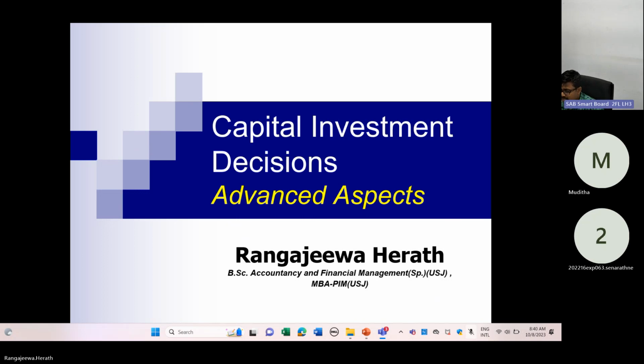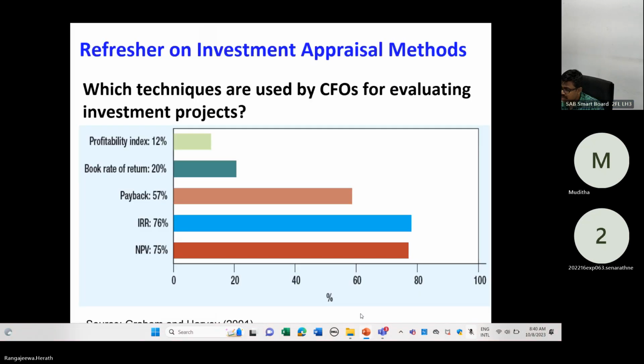We will mainly focus on net present value, which is the highly used technique in capital investment decision. This capital investment decision is also called investment appraisal.